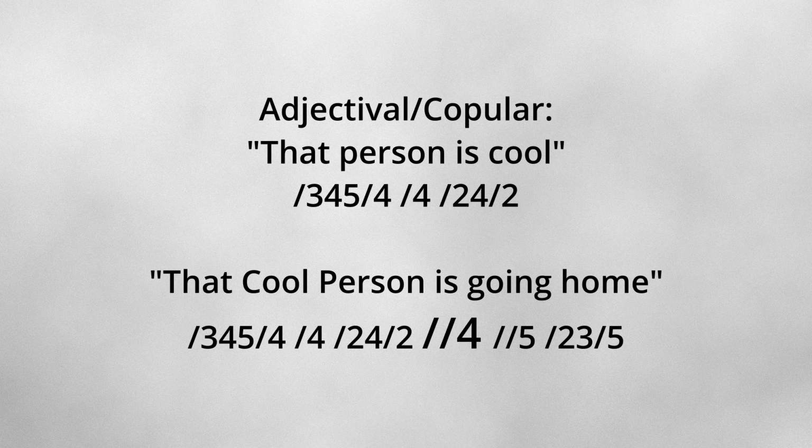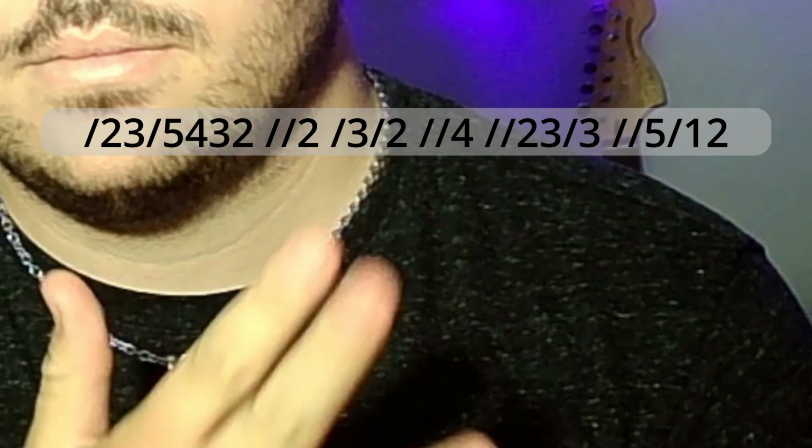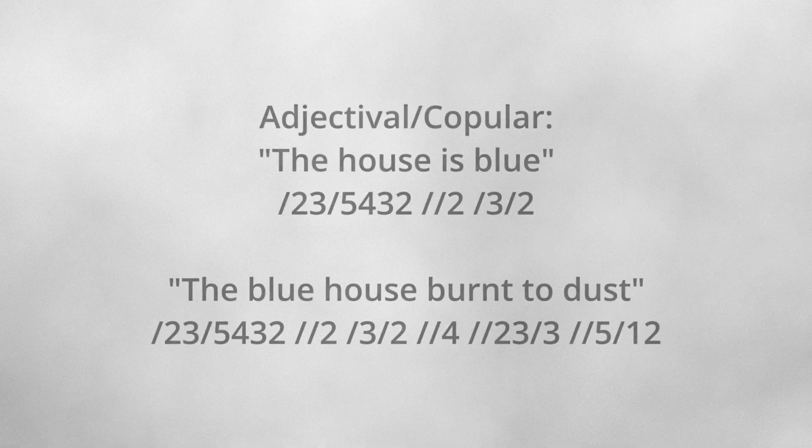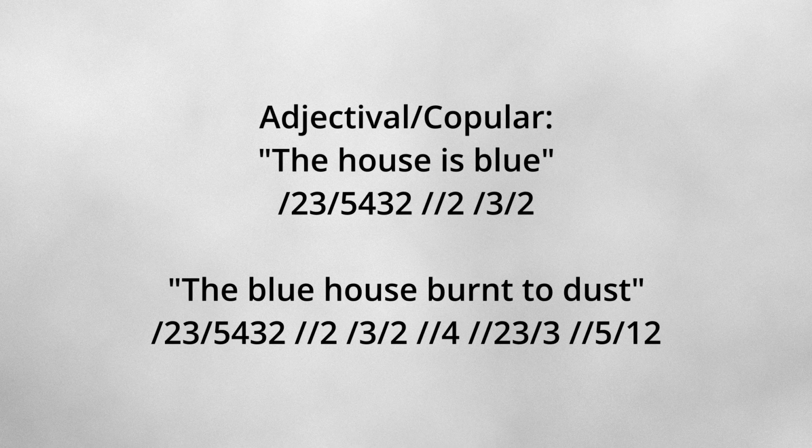So for example, you could say this, which translates to, the blue house burnt to dust. In this example, double four fills in position 1, but refers to the blue house, aka literally the house that is blue.